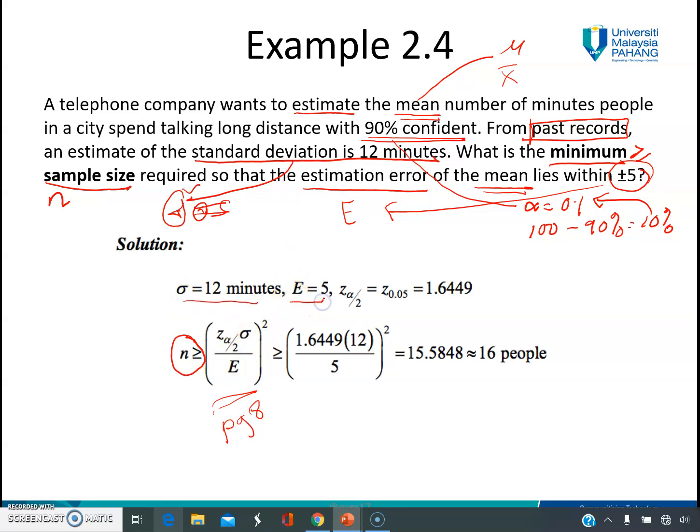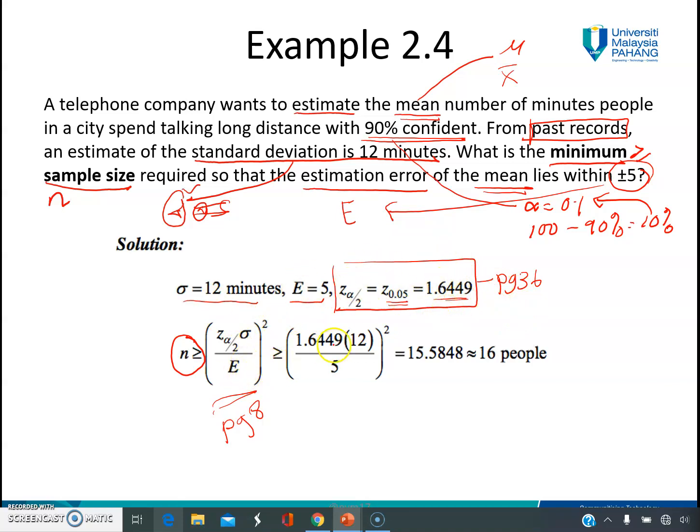This one you need to look at your statistical table, page 36. Okay, so your alpha here is 0.1, but Z alpha should be divided by 2. You get 0.05. Okay, so look for alpha 0.05 in the table, page 36, and you get 1.6449.